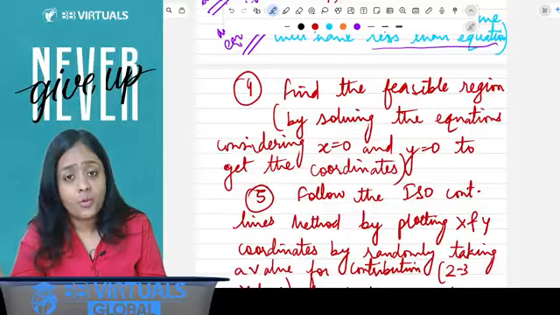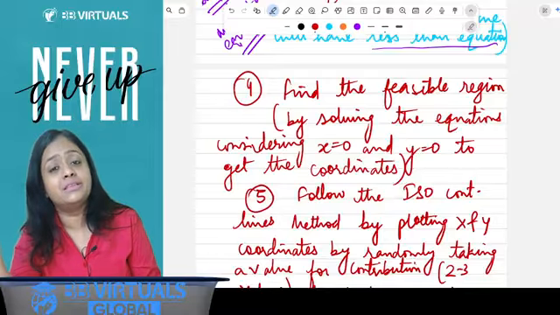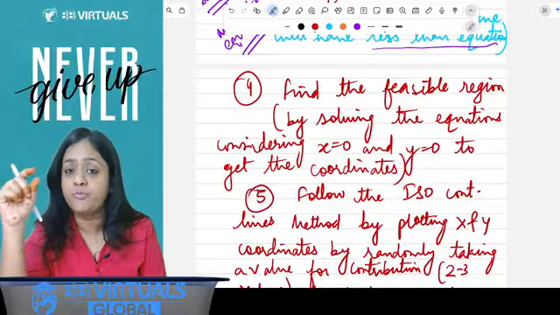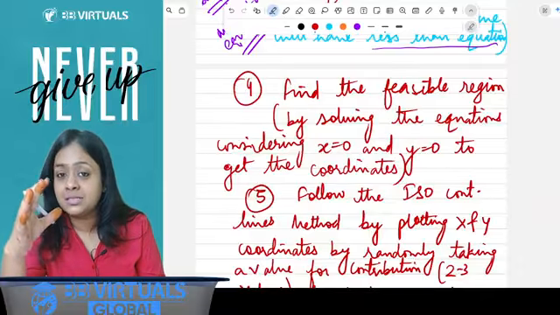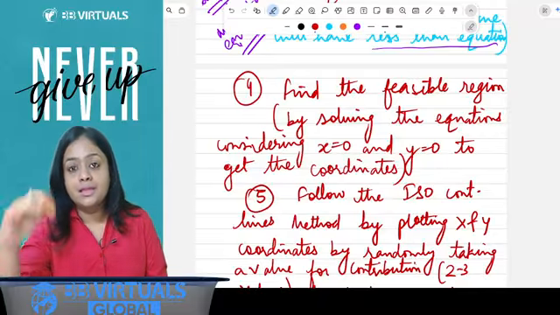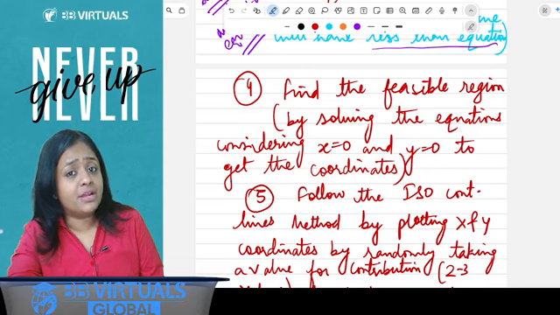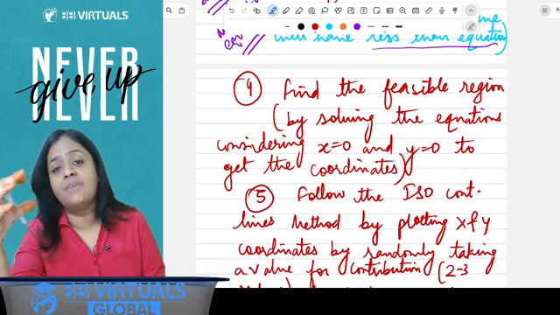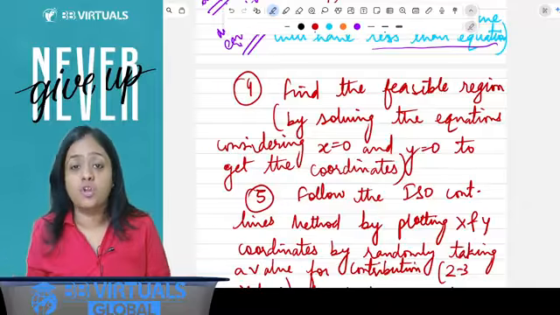So in this equation, you will keep one variable as 0 and then get the other variable. For example, you keep y as 0, you derive the value of x. You keep x as 0, you derive the value of y. Likewise, you do this for all constraints so that you get coordinates for all constraints.